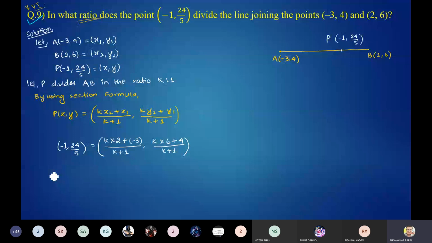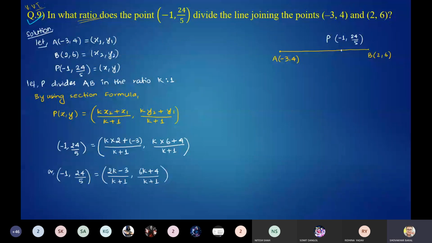Let's simplify it further on the right side. Please let me know if you have not understood what is written on the screen. So (-1, 24/5) equals ((2k minus 3) divided by (k plus 1), (6k plus 4) divided by (k plus 1)).